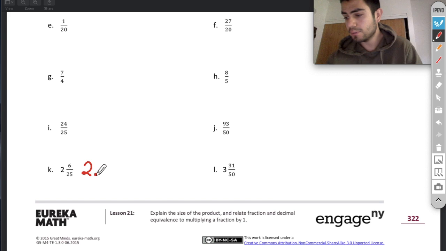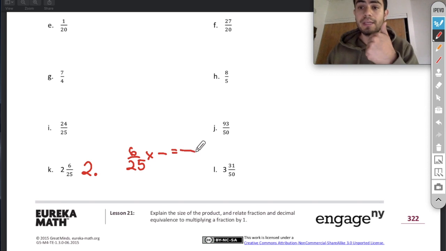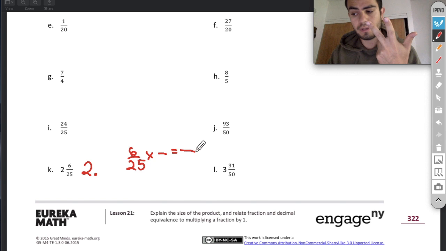Okay, so now 6 25ths, I'll put it over here, times a fraction will give me either a 10 or 100 or even 1,000 if we need to go there.